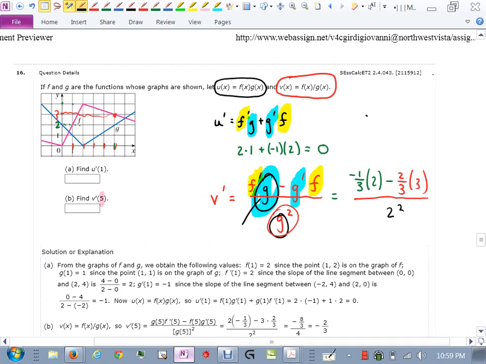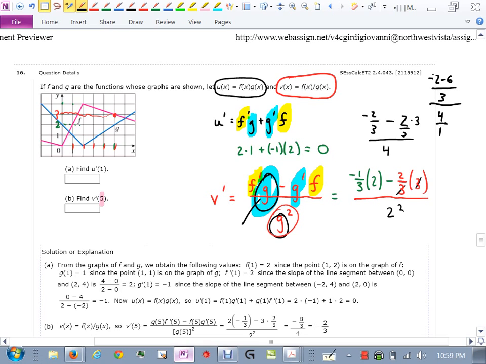All right, so what do we get? Negative 2/3, and then minus, let's see, these 3's cancel, minus 2 over 4... Get a common denominator here, so put 3 here, multiply 3 on top. So I get negative 2, take away 6 over 3, but then all of that is over 4.